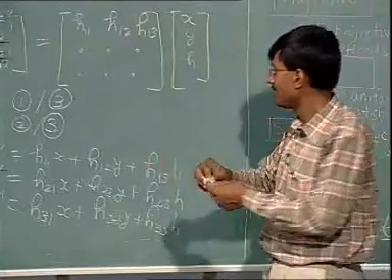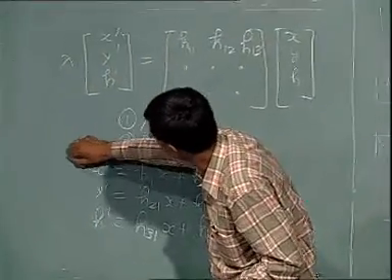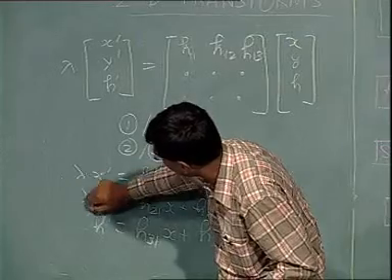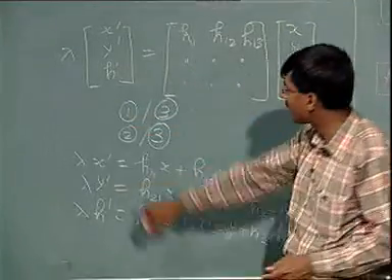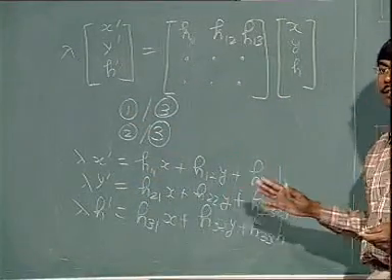To be mathematically strict I should also put the lambda here, so that अगर divide करें lambda हट जाएगा. Is this clear?